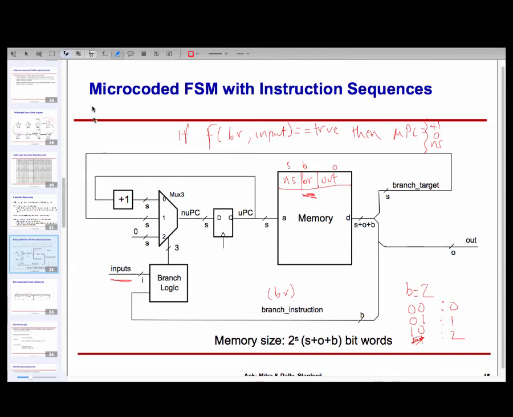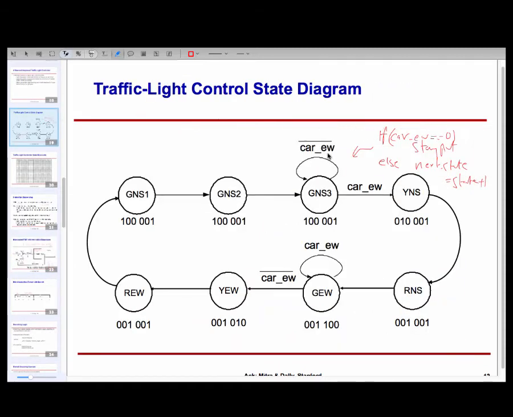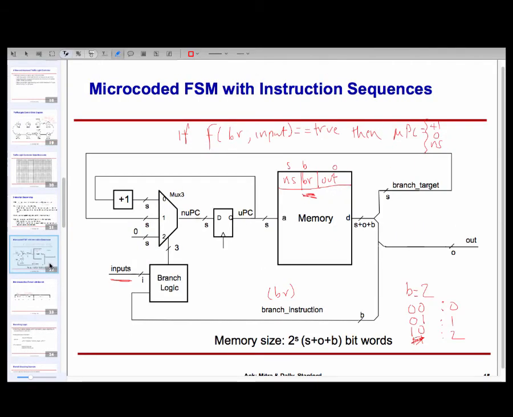Remember, in the example we had, if car east west was 0, I want it to stay put. So my question is, what would you do in this example so that microprogram counter does not change its value? Anyone from this side? How would you approach this?